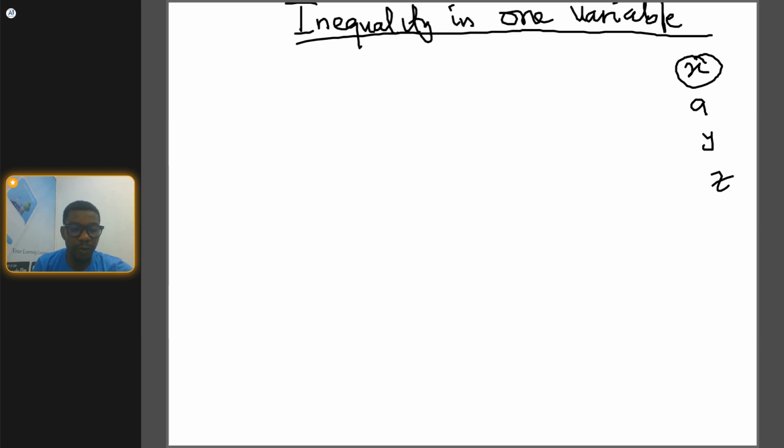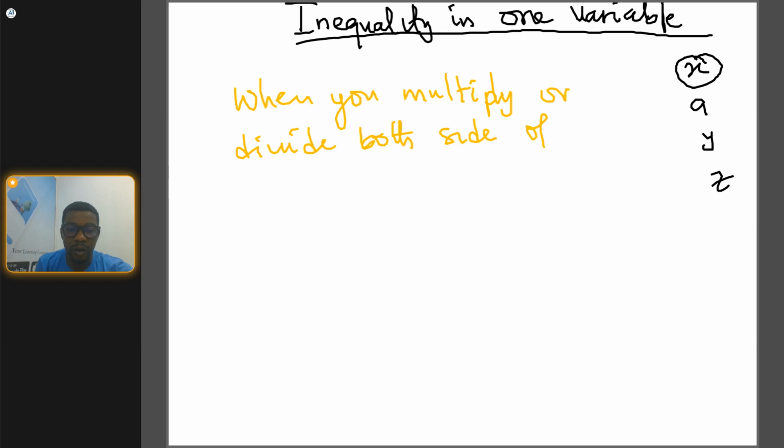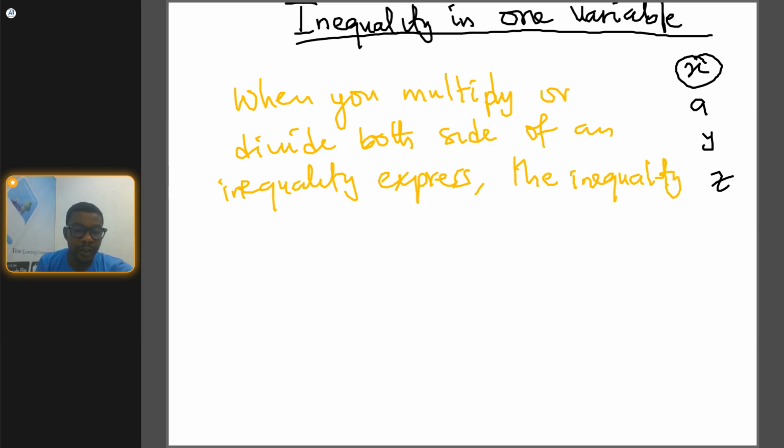The hint is that when you multiply or divide both sides of an inequality expression, the inequality sign changes.